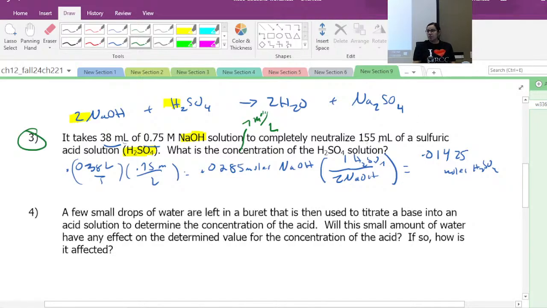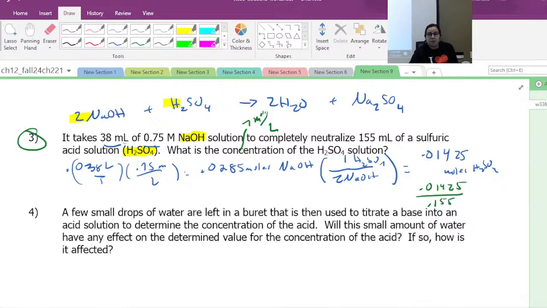So we just have to divide, except convert this to liters. So I'll just rewrite this, and I apologize since there's hardly any space for work. So let's divide.